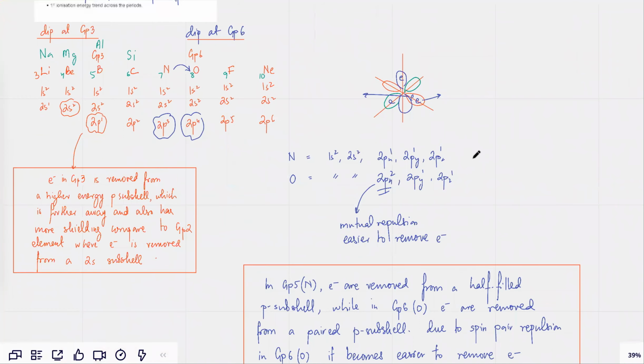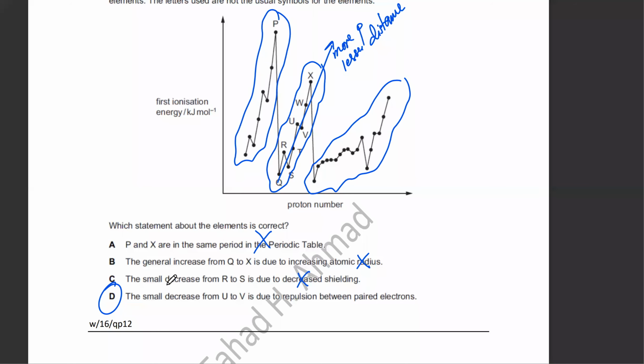Before nitrogen, you had all of them having 1 electron each, right? But when you move to oxygen, you had an extra electron, so the orbitals became paired. And the electrons had mutual repulsion, and it became easier to remove electrons, which is why you had a dip at group 6. So the answer to this one is repulsion between paired electrons. That is correct. Is this clear?